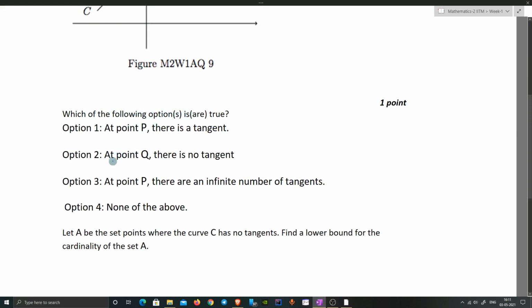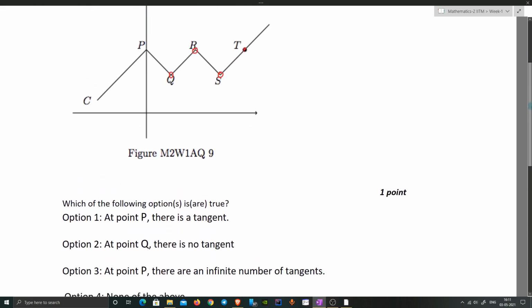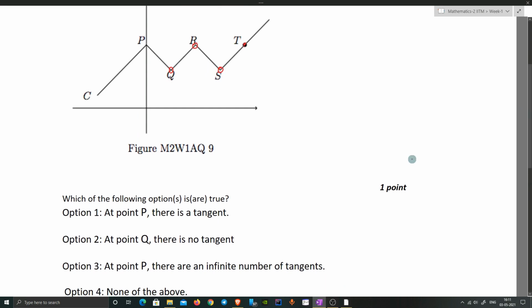What about the first option? The first option says at point P there is a tangent. So let's see, at point P, can we draw a tangent? They're talking about one unique tangent.